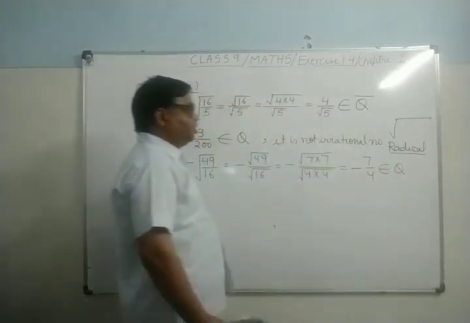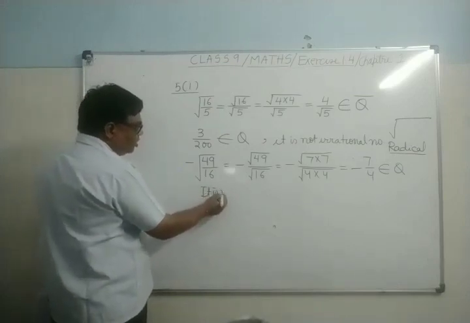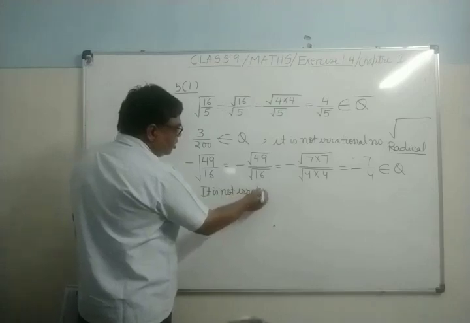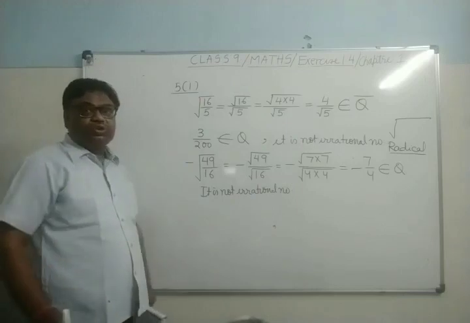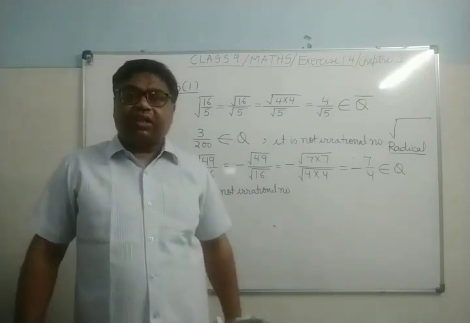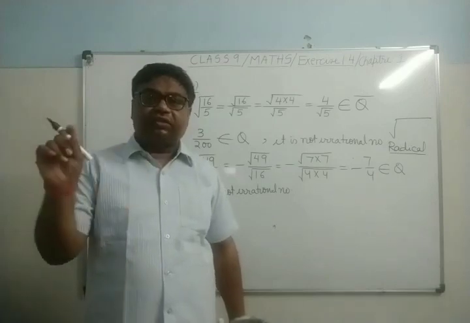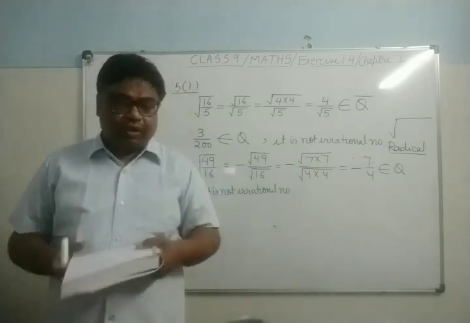Rational. So here we will write the answer: it is not an irrational number, because in this question you have to state whether the number is irrational or not. Is it clear? So you will write in words that this is not an irrational number. This is the way you will do it.